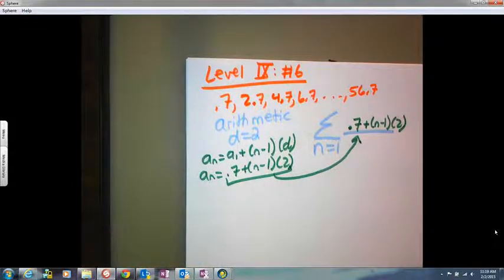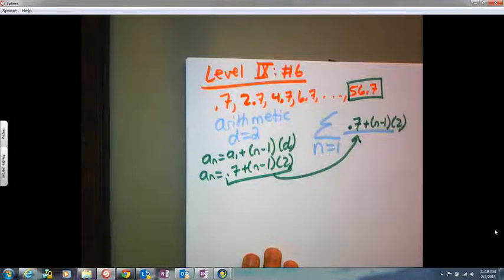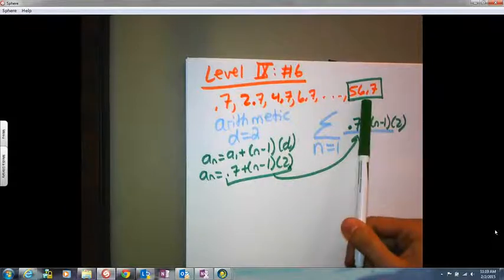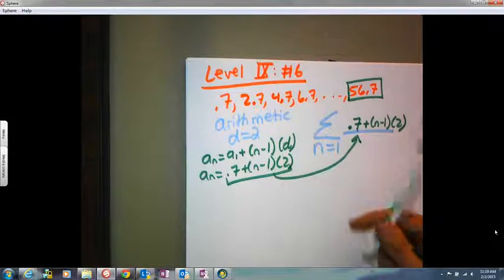We need to find the term number. This is not term 56.7. Term numbers are natural numbers, that is to say 1, 2, 3, 4, 5, 6, and so on and so on.